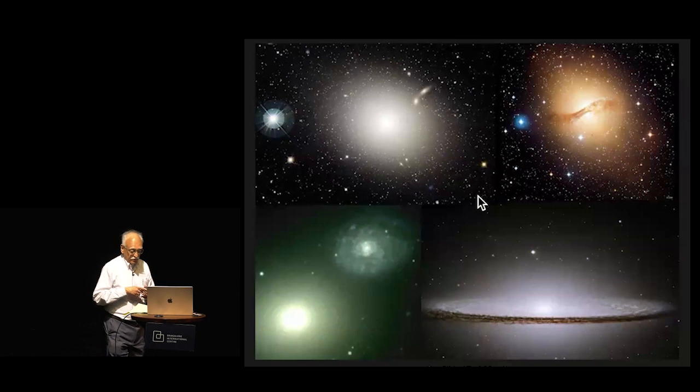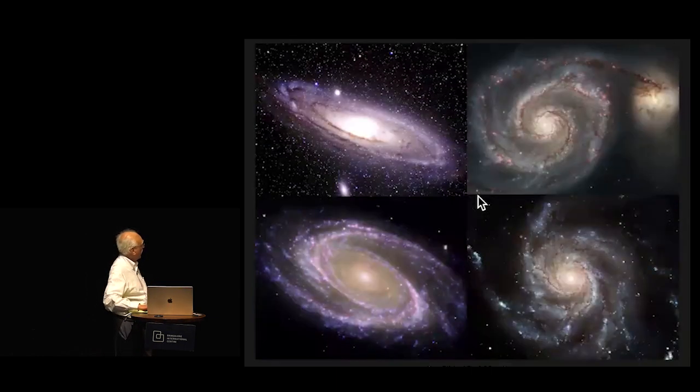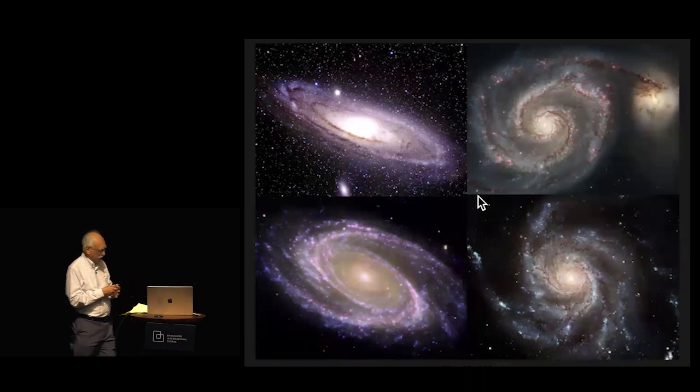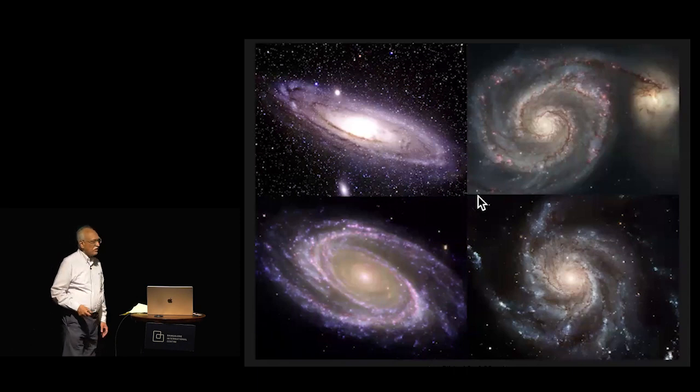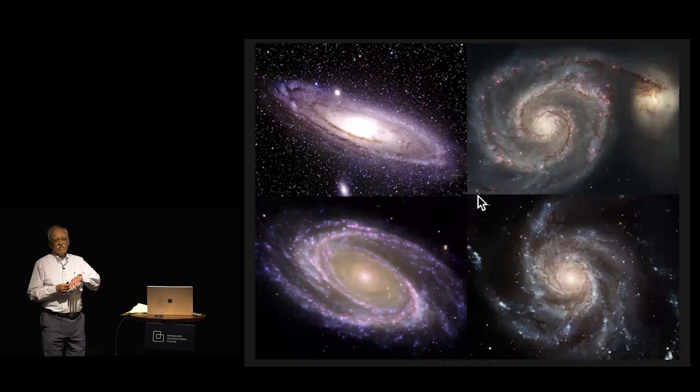Let's take any of these pictures. This is a picture of a galaxy similar to ours. You see all these dark regions, black regions. Those are regions which absorb light, what's called dust.